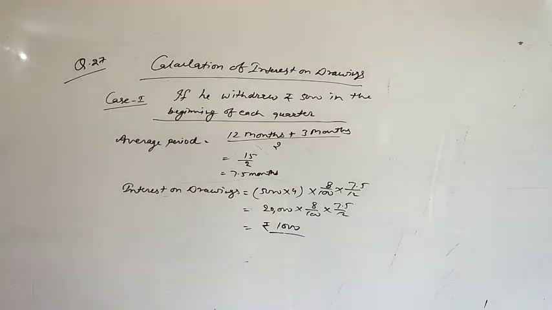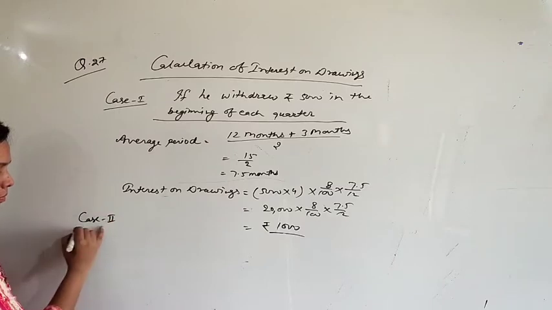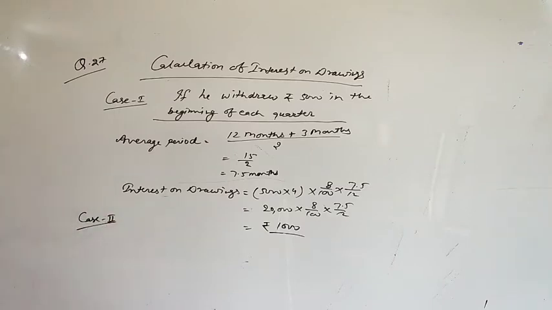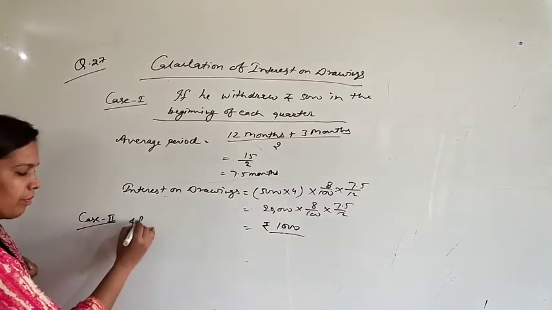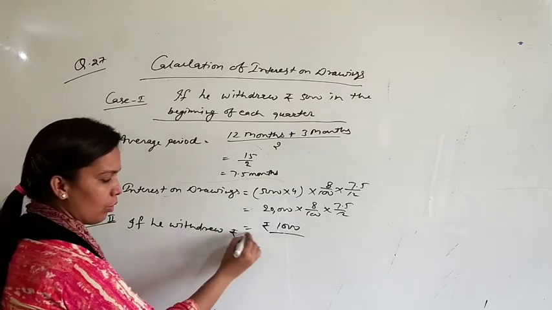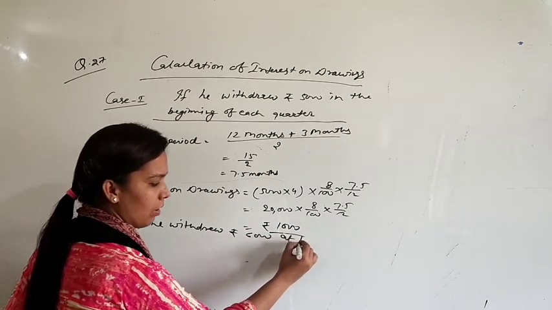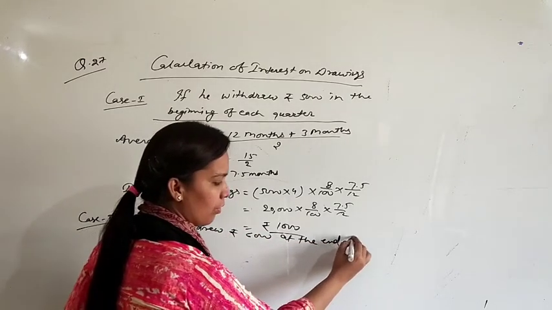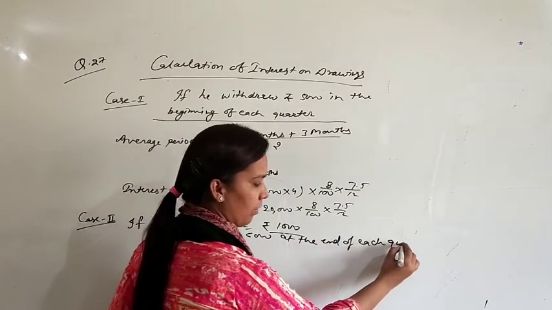Okay. Second case. If he withdrew rupees 6,000 at the end of each quarter.